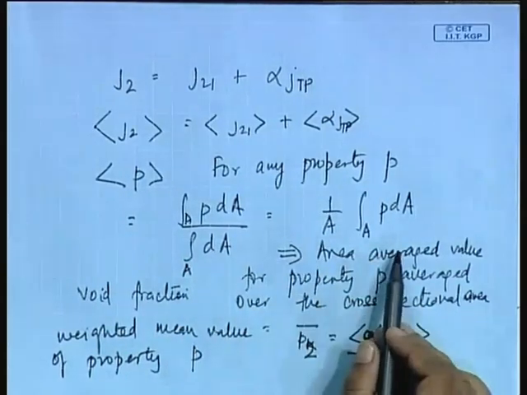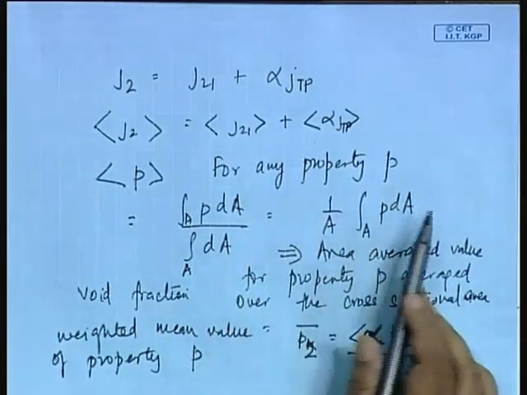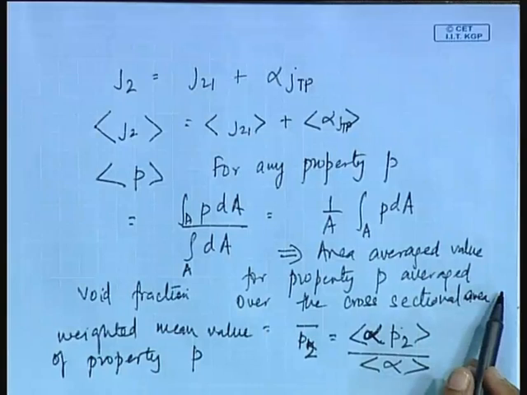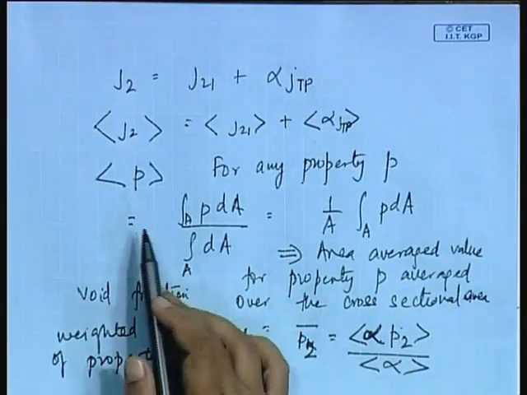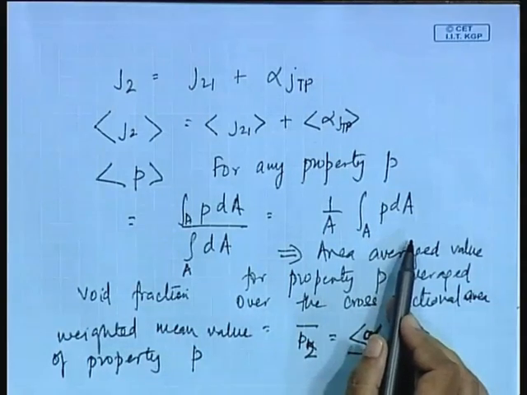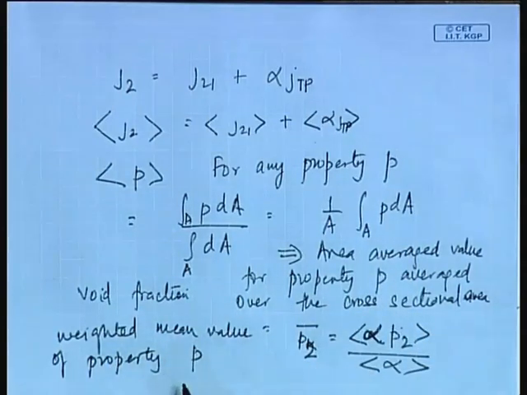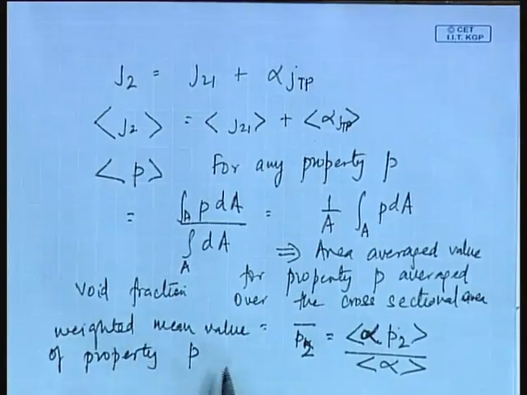This you have already got in your single phase flows. For any property P, the area averaged value, averaged over the entire cross sectional area, can be given by this particular form, and the void fraction weighted mean value of the property can be expressed in this particular form.